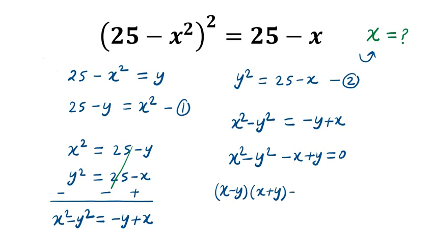If we take common negative 1, then you will get x, and negative y, is equals to 0. In left hand side x minus y is a common factor, so if we take common x minus y, you will get x plus y minus 1 is equals to 0.